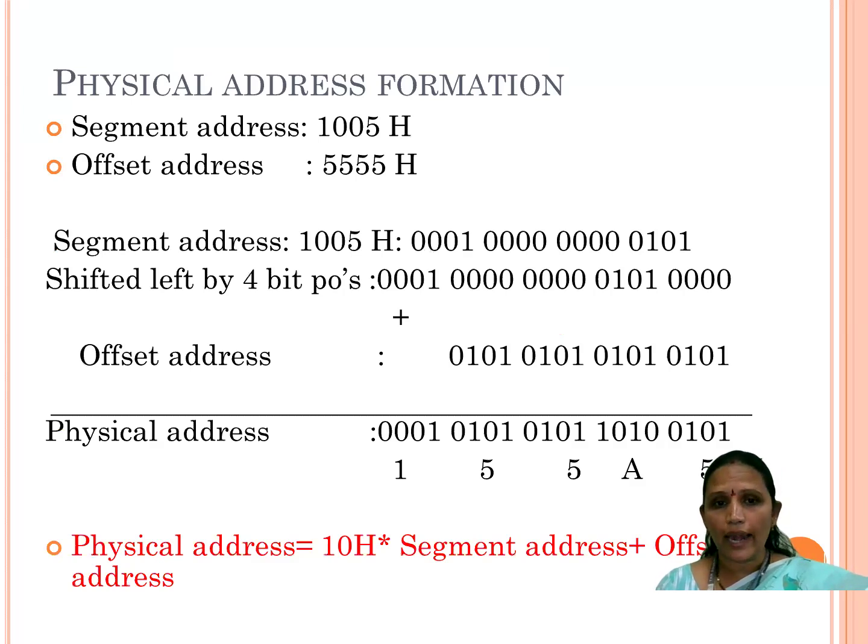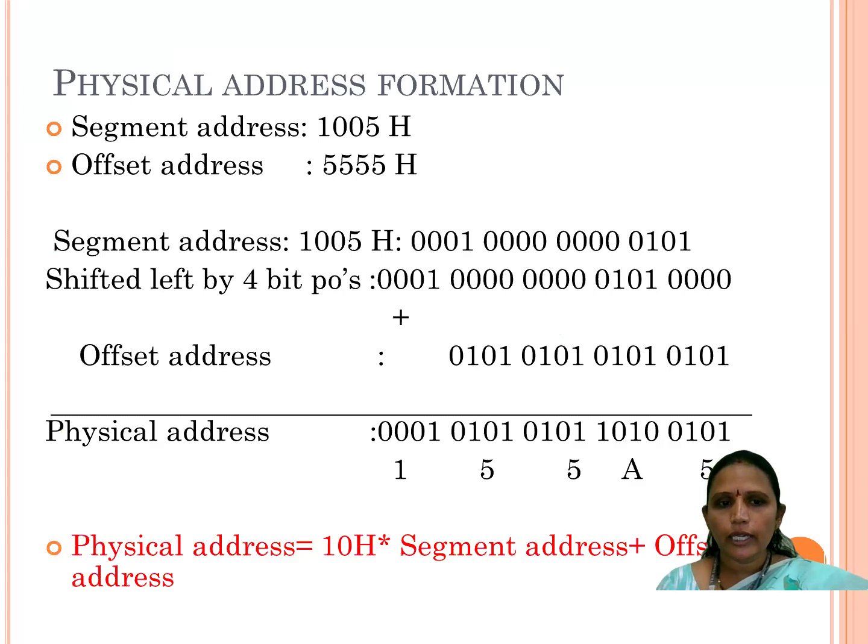Then it is added to the offset address. What is the offset address? The offset address equals 5555H, where 5 means 0101. So we add 0101, 0101, 0101, 0101 to the 4-bit shifted 1005.